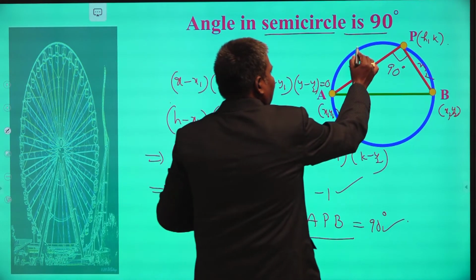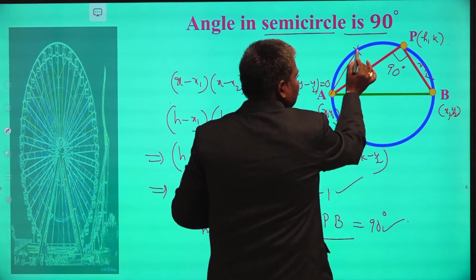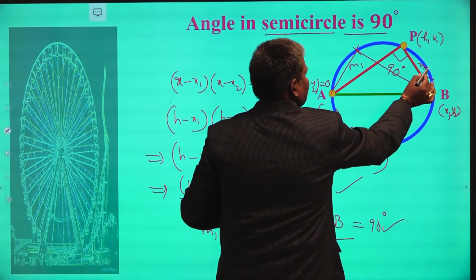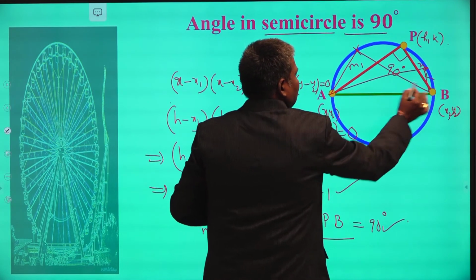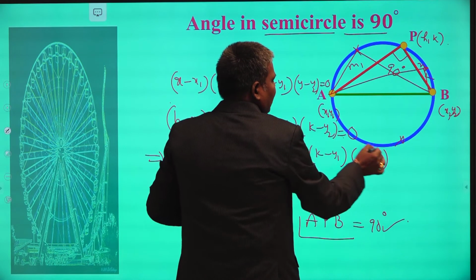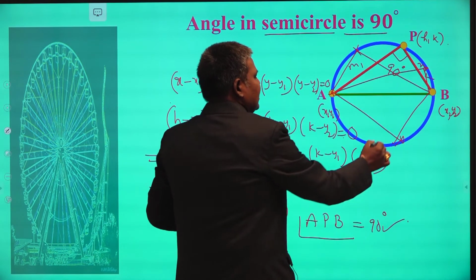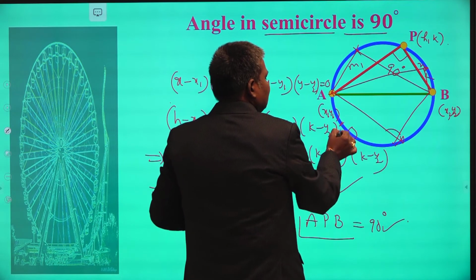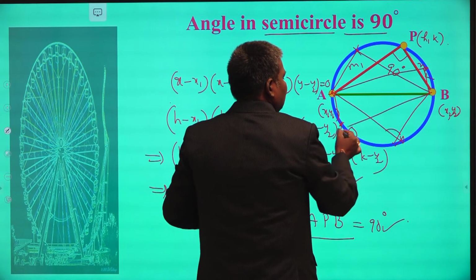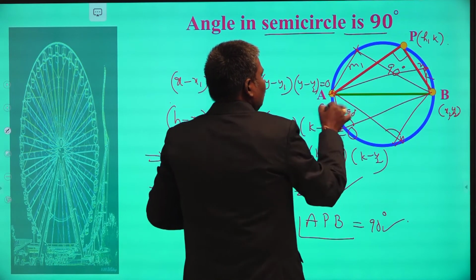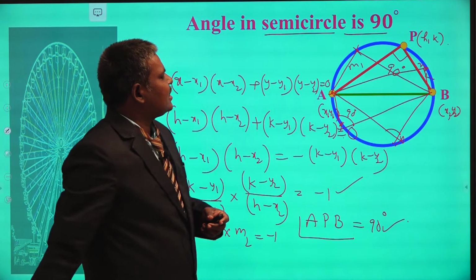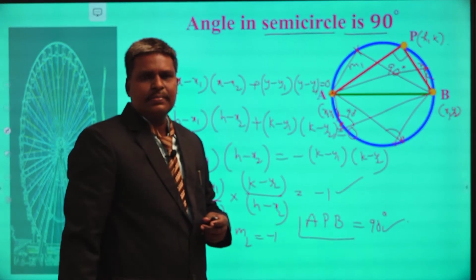If you take a point here and join them, this is also 90 degrees. Take a point here, join these two, because A and B are the ends of the diameter; the angle is also 90 degrees. Take a point here, join in this manner, here also 90 degrees. We can say that the angle in a semicircle is 90 degrees.